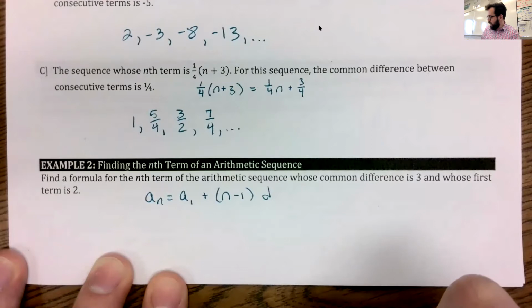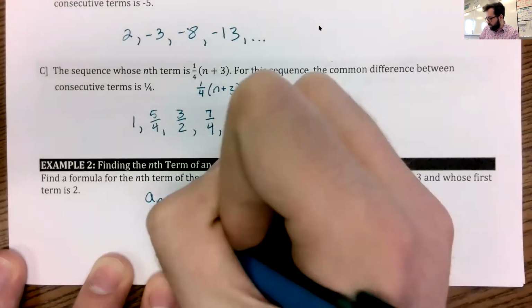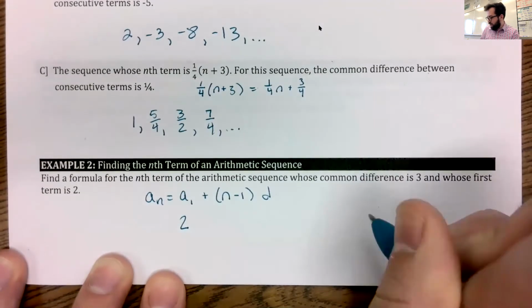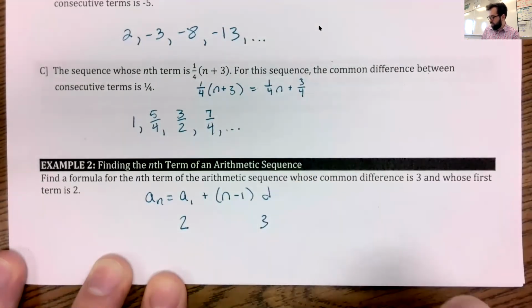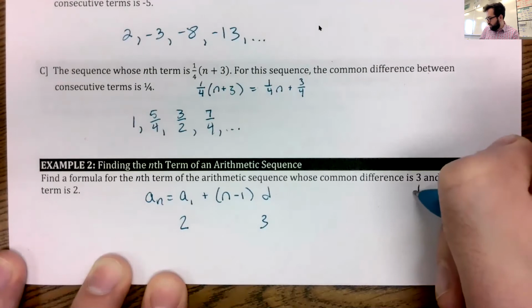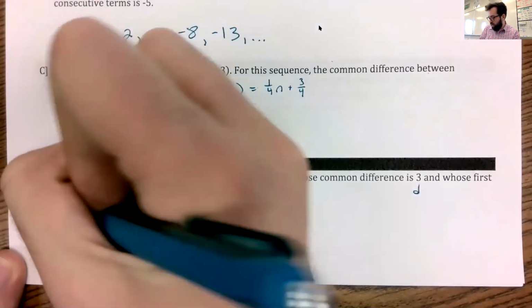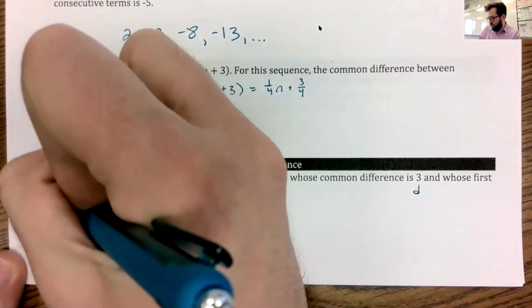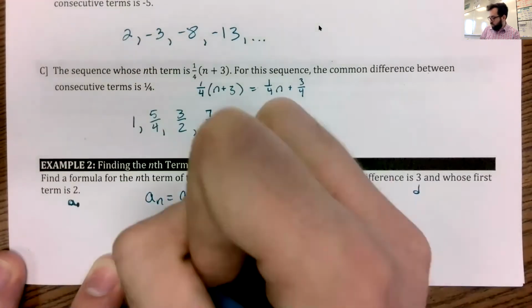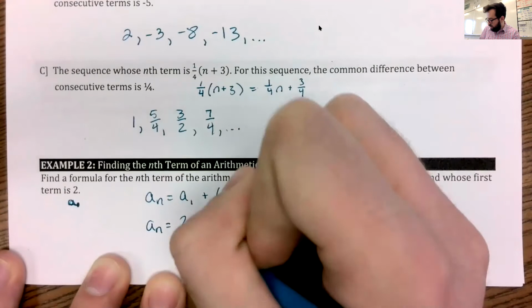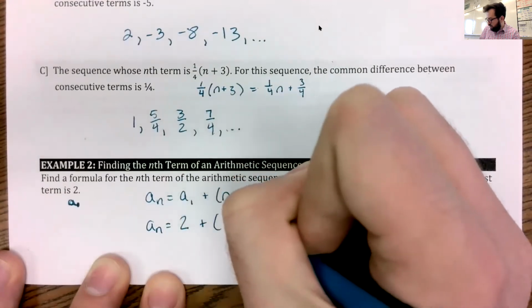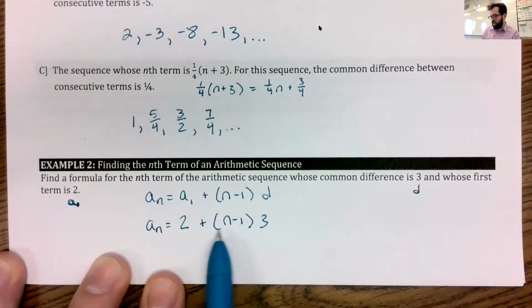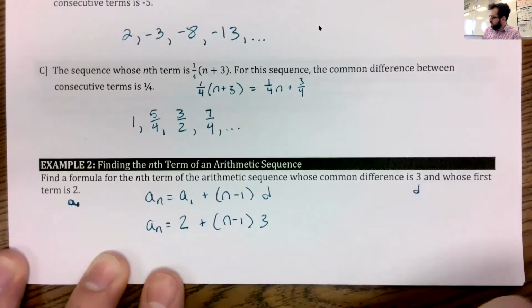Right? And so the question tells us that the first term is 2, and the common difference is 3. So that's d, and that's a sub 1. And so if I fill in the rest of this formula, I shouldn't have something to plug in for n because n is going to change depending on which term we're looking for.